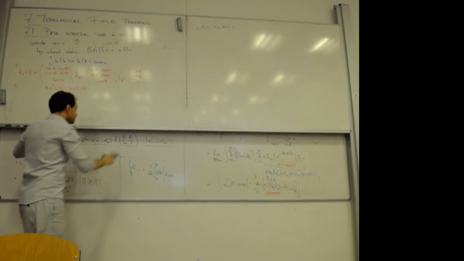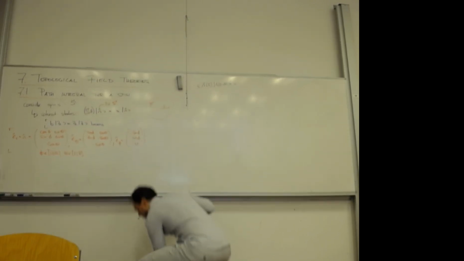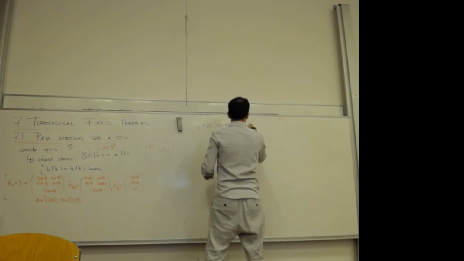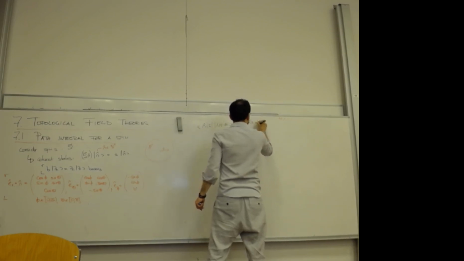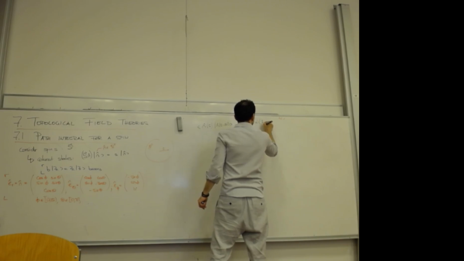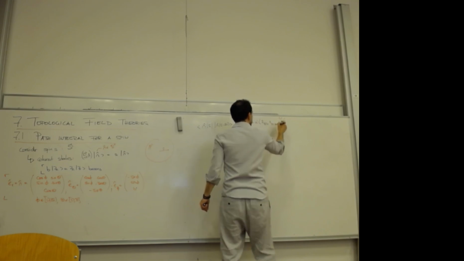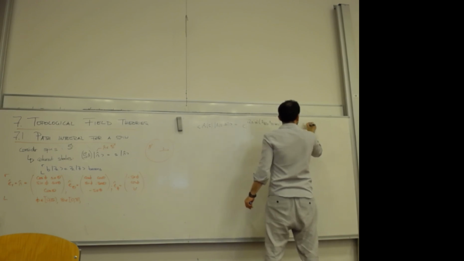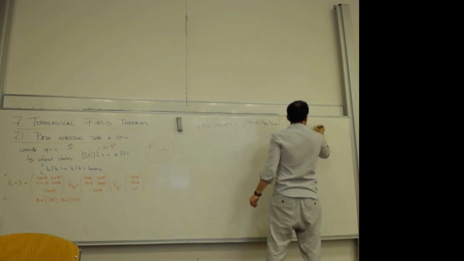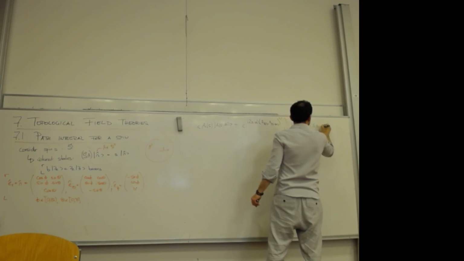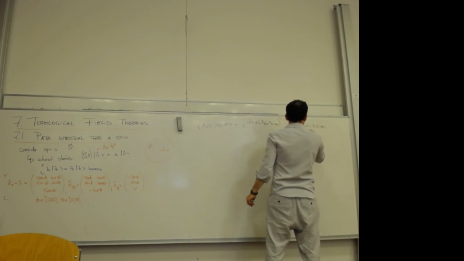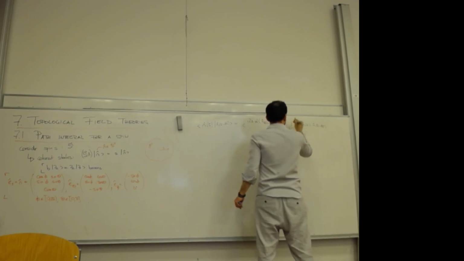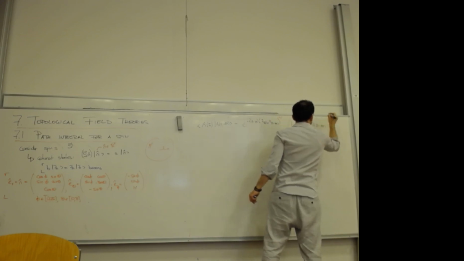So I write it out: e to the i S alpha of n of tau minus delta tau, and then we have the square root of 1 plus n of tau minus delta tau over 2. Actually, more generally for arbitrary S, it's just this to the power S.